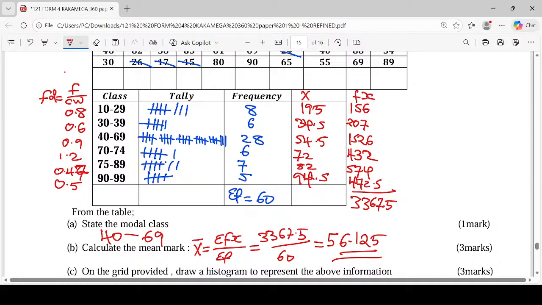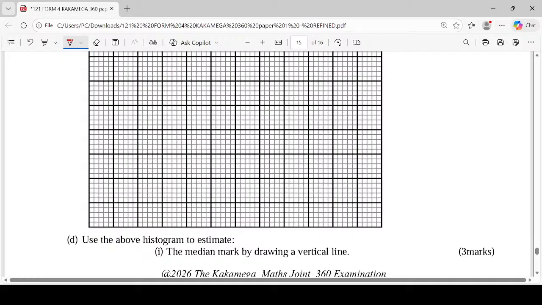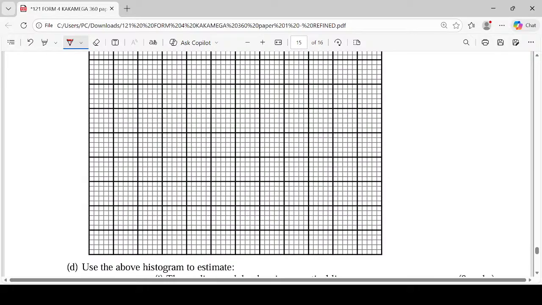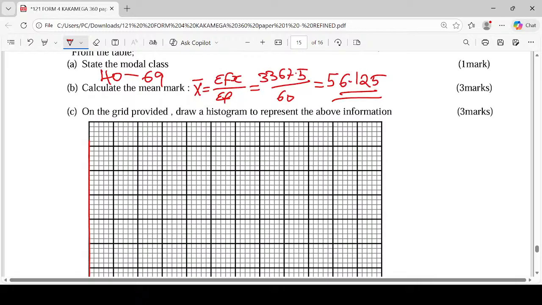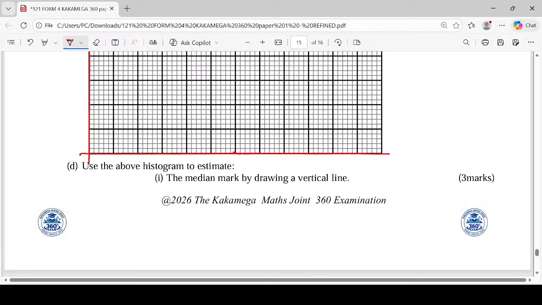So, choice of a suitable scale. Let me guide you here. Remember, math is fun. You need confidence. You also need individual practice for you to get the very best results. But generally, math is a very, very simple subject.